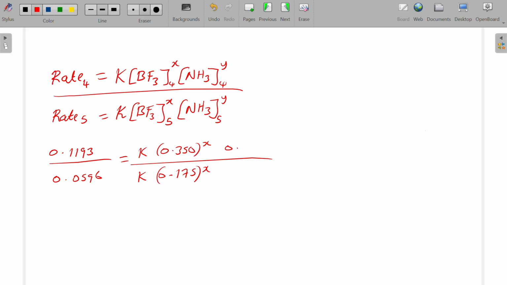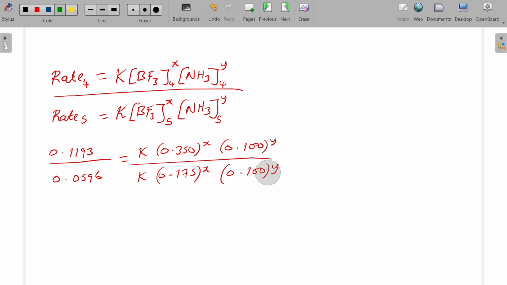Then on the other side, we have 0.100 for ammonia, given to the power of y, and we still have the same 0.100, still given to the power of y. So we have now replaced everything we wanted to replace.